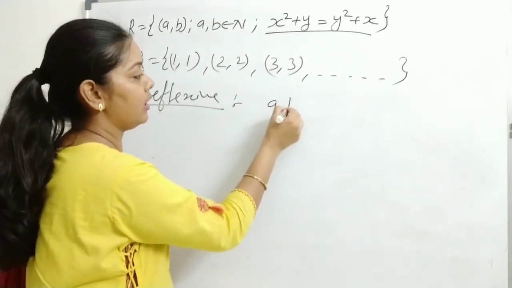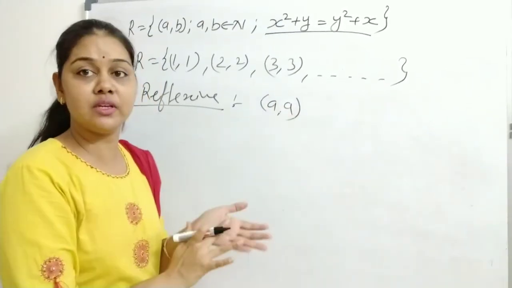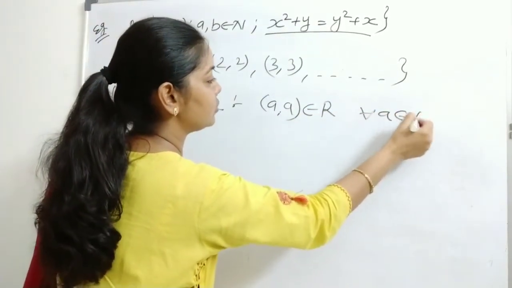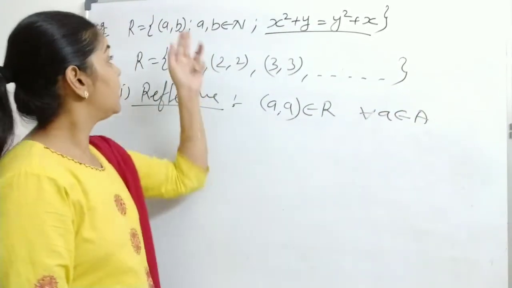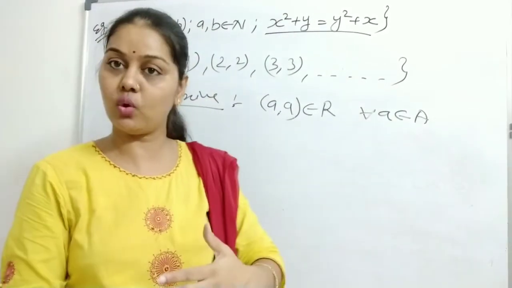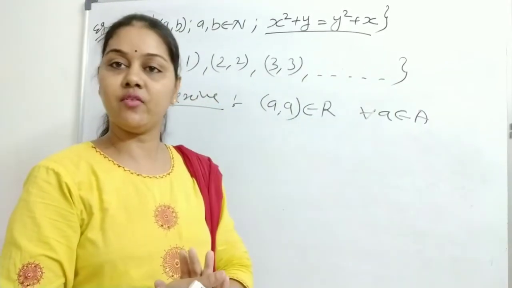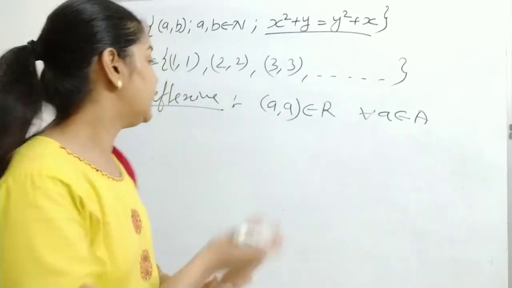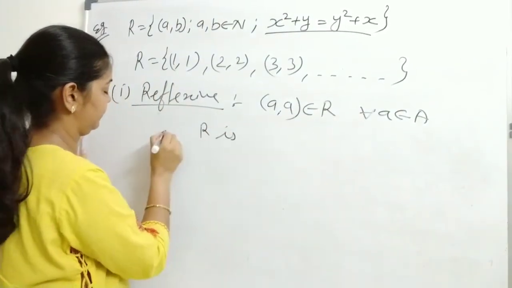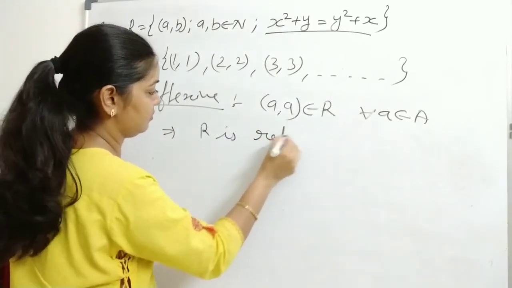That every element must have a relation with itself, for every value of a belonging to A. In the domain of natural numbers, we have elements 1, 2, 3, 4, 5 and so on. And we can check that all the elements have an image with themselves. That's why this relation R is reflexive.